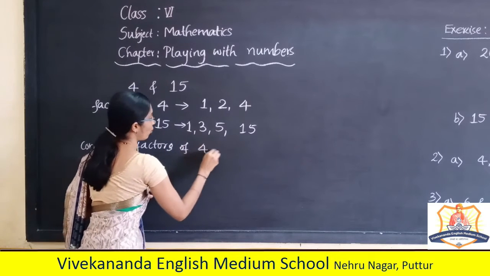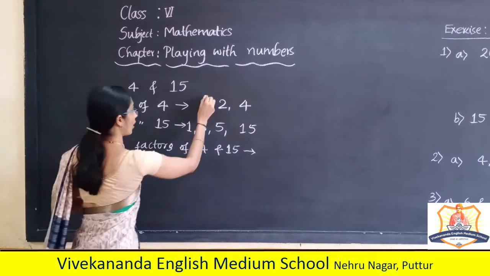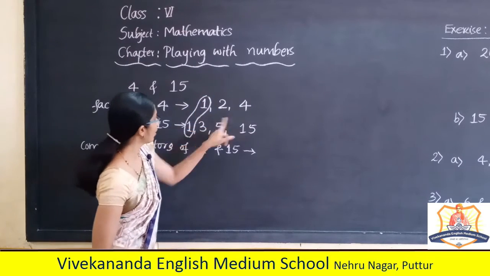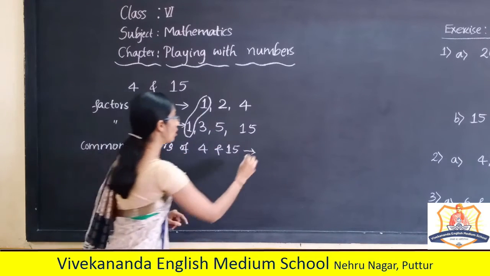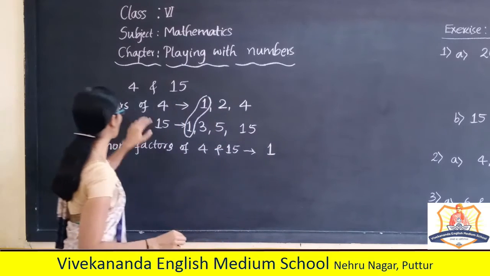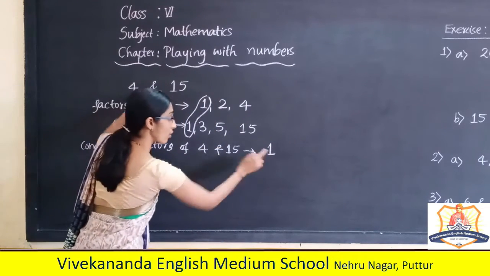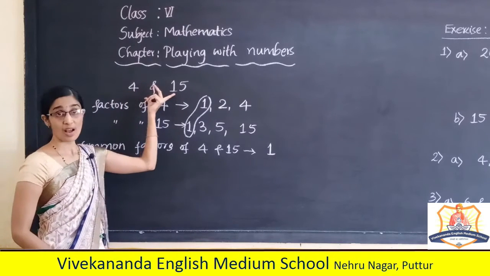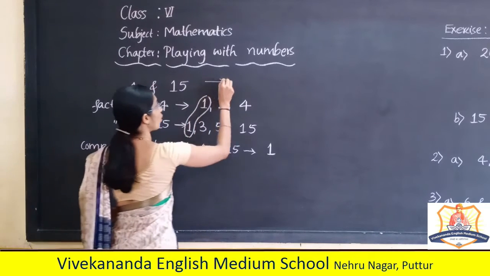Factors of 4 and 15 are, okay, 1 I can find. Is there any other common factor? No, children. So, the common factor of these two numbers is 1. So, this pair I call by a special name, that is co-prime.